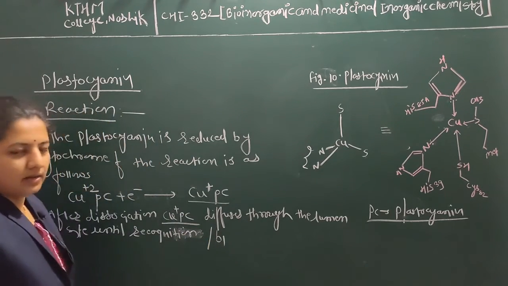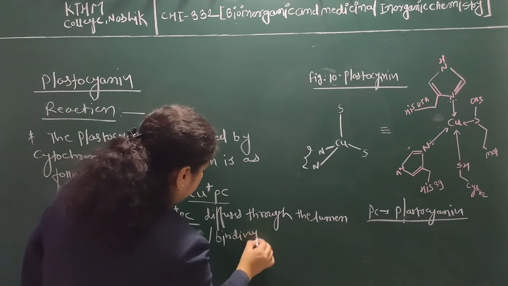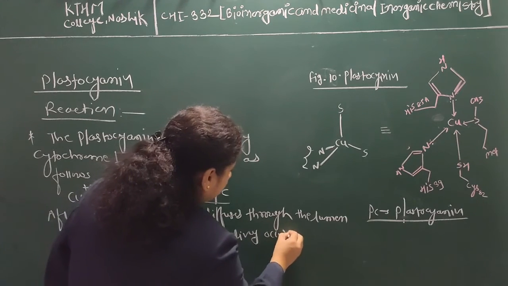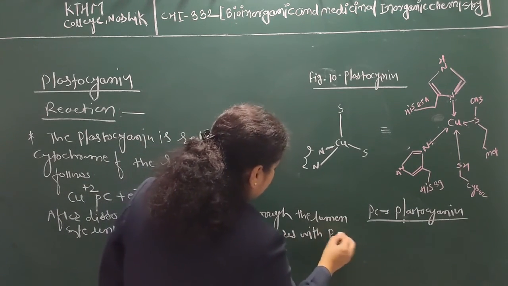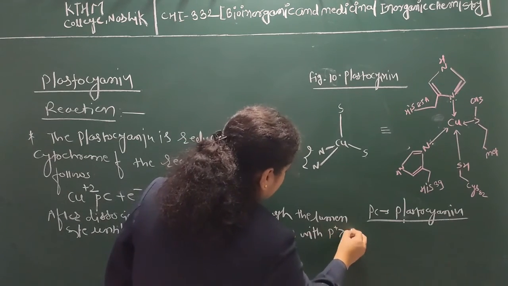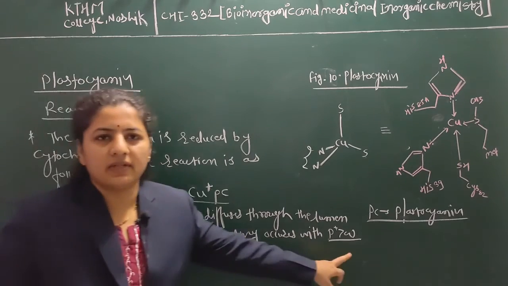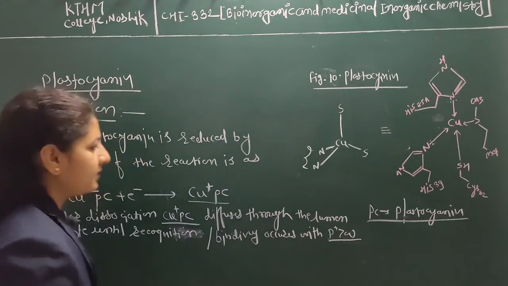Recognition means binding. Binding occurs with plastocyanin P700 solid band, which gets oxidized, and the reaction is as follows.